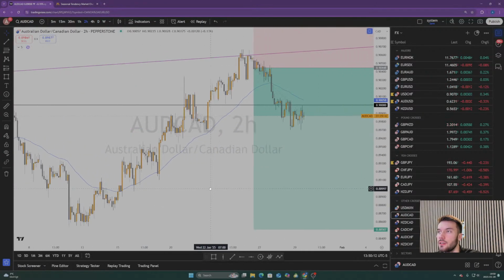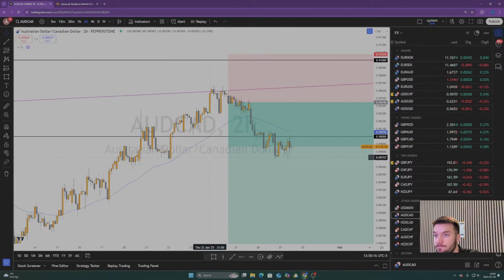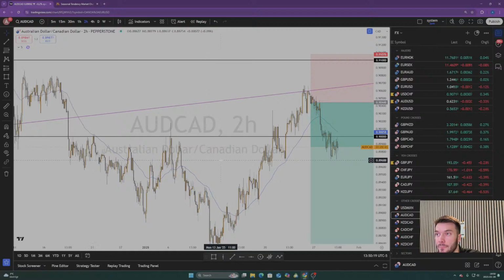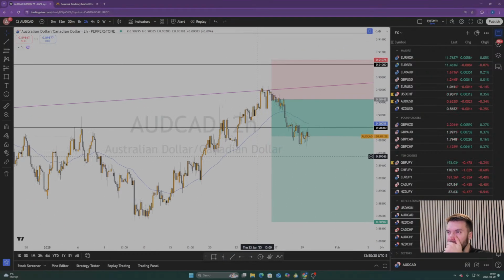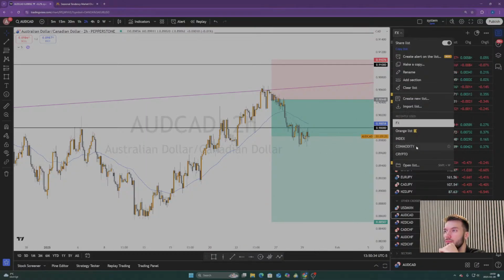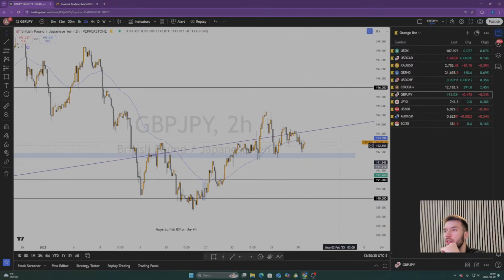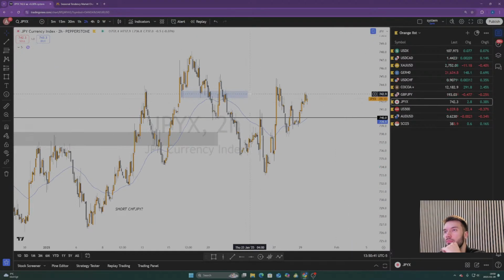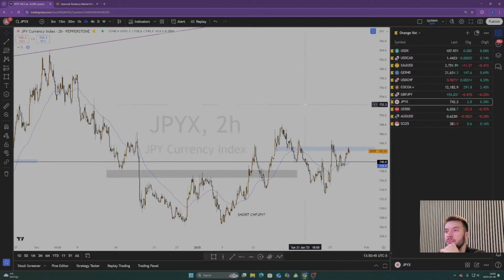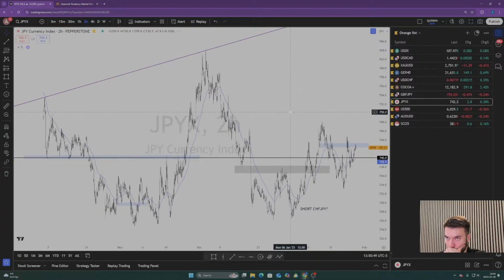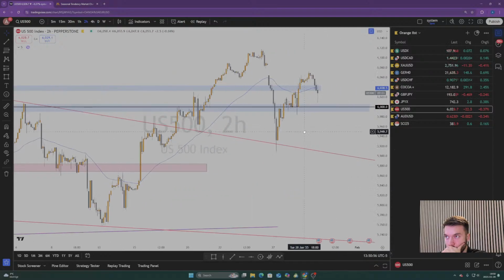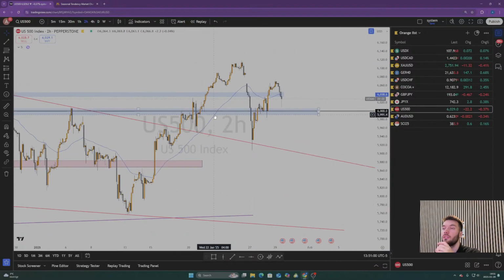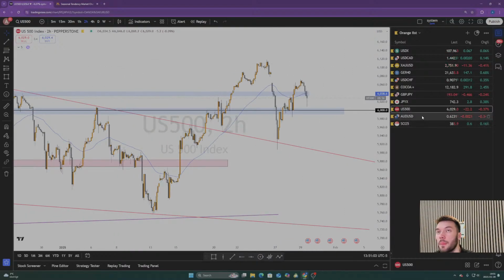Let's look at this a little closer. We got this incredible dip and bounce beginning of the week.